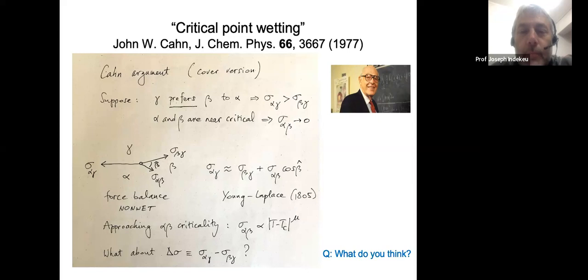So the alpha gamma interface, say, is less favored than the beta gamma interface. And so the question is, what will happen if we impose far away from the wall the phase that is not favored? If we impose alpha far from the wall, then maybe the system would like to introduce the beta phase close to the wall, because that's the preferred phase that would give the lower surface free energy.